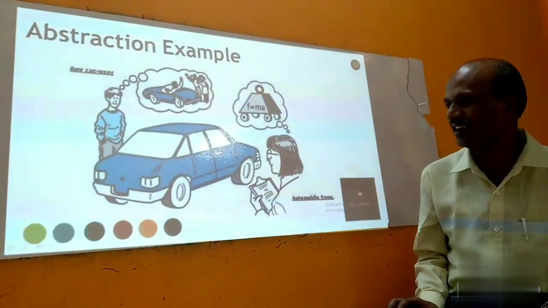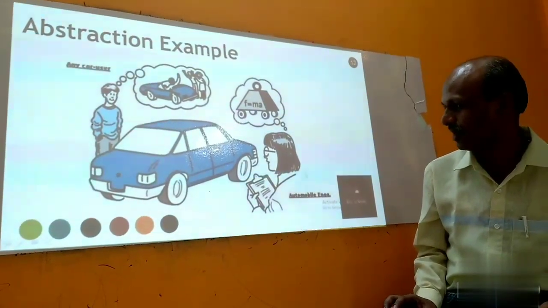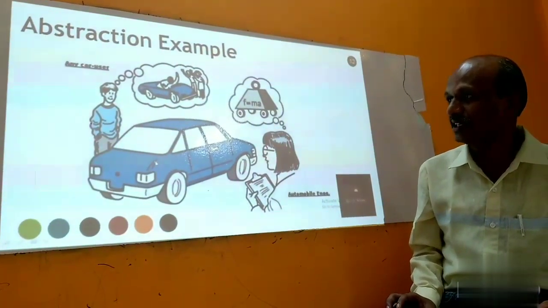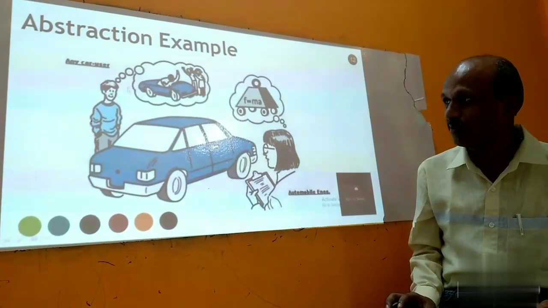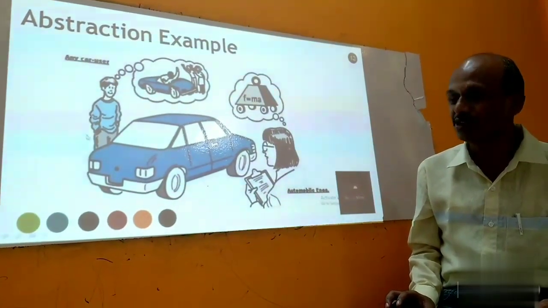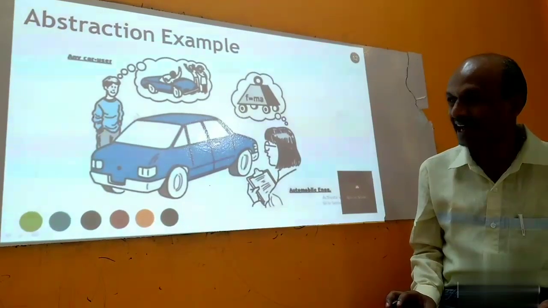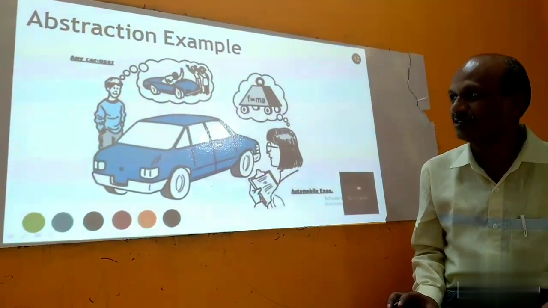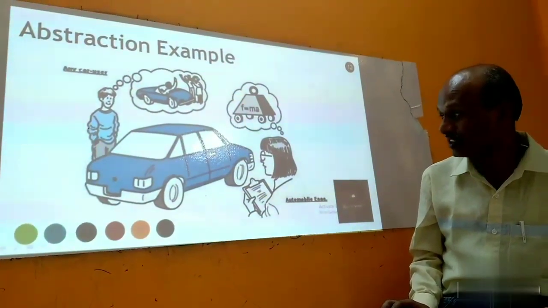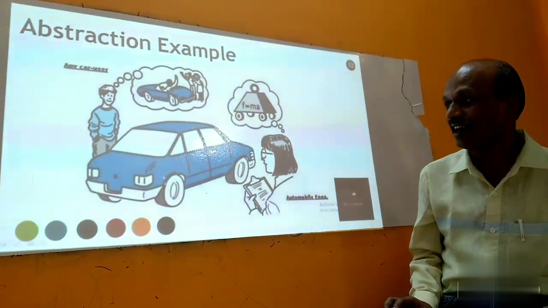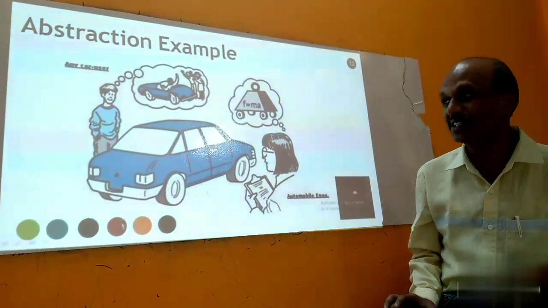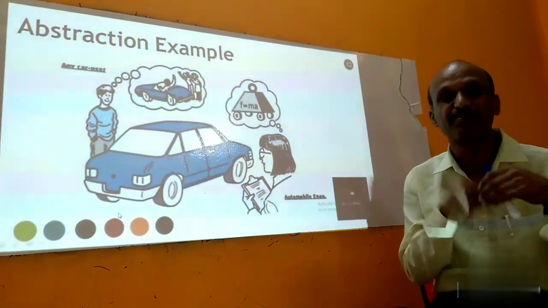He is thinking about car engineering because he is an automobile engineer. So abstraction means what is important for this man is how I can use a car, and what is important for the automobile engineer is how to increase the speed of the car. Abstraction is different for different persons.